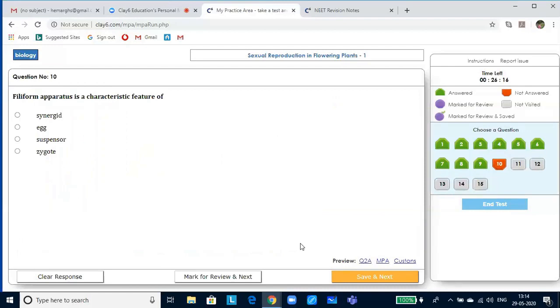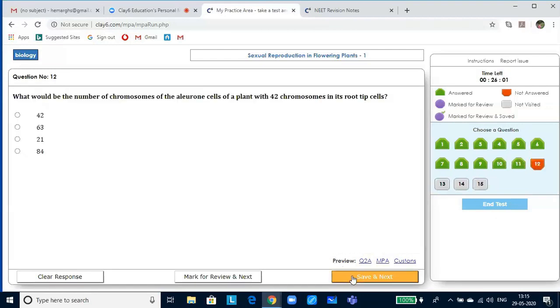Filiform apparatus is a characteristic feature of the synergids. Eyes of potato tubers are axillary buds. What would be the number of chromosomes of the aleurone cells of a plant with 42 chromosomes in its root tip cells? Aleurone cells are triploid in nature.